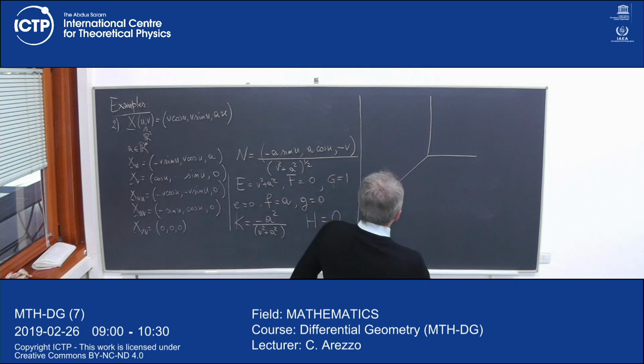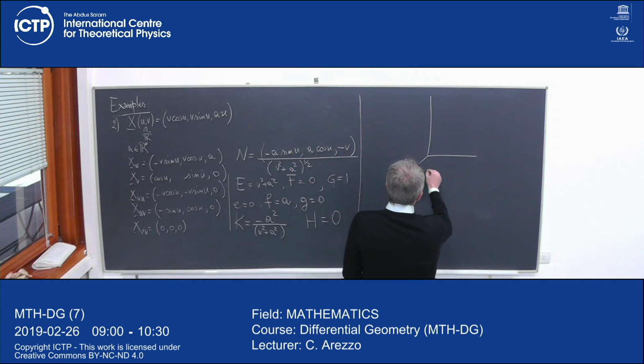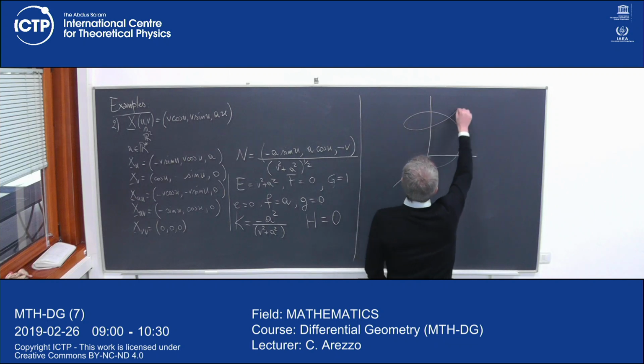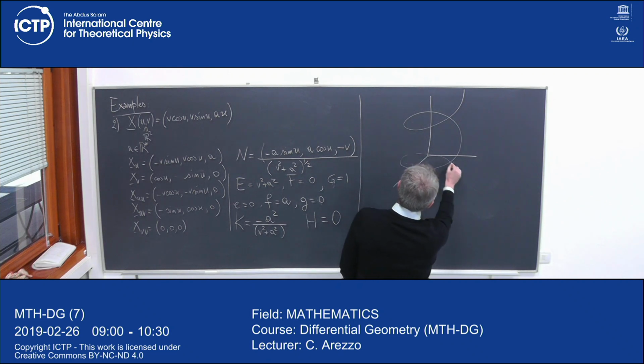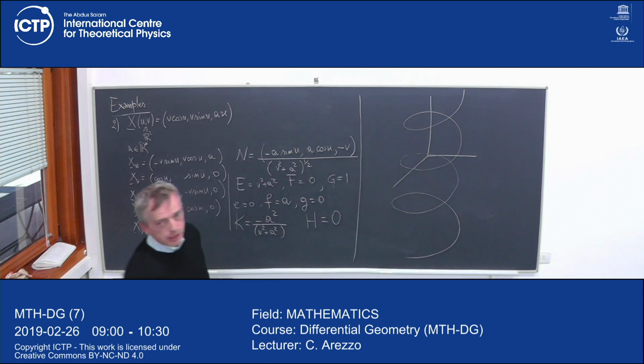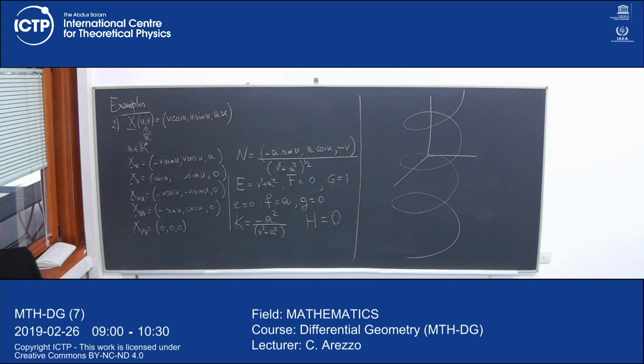That's one way to think of it. So let's start drawing a helix, and let's say a is positive. So this curve certainly lies on this surface.